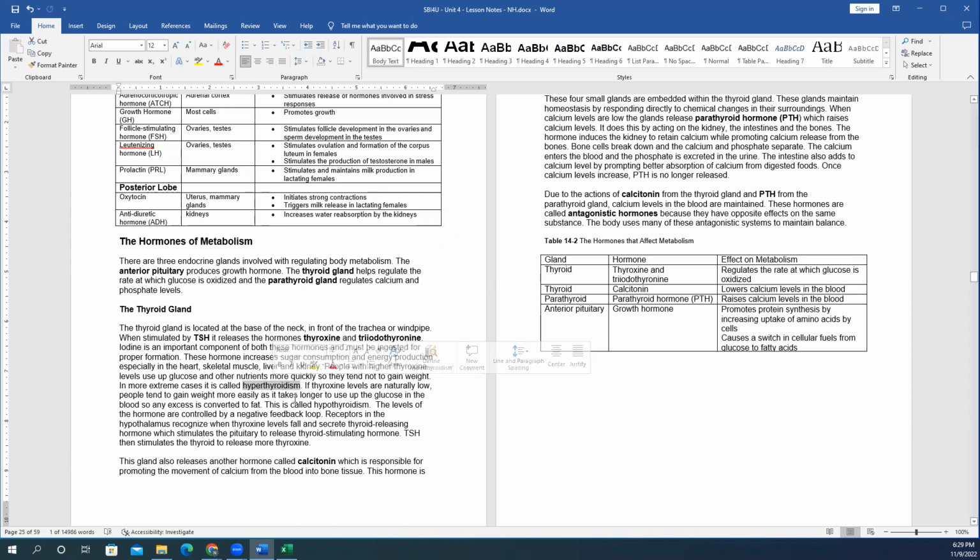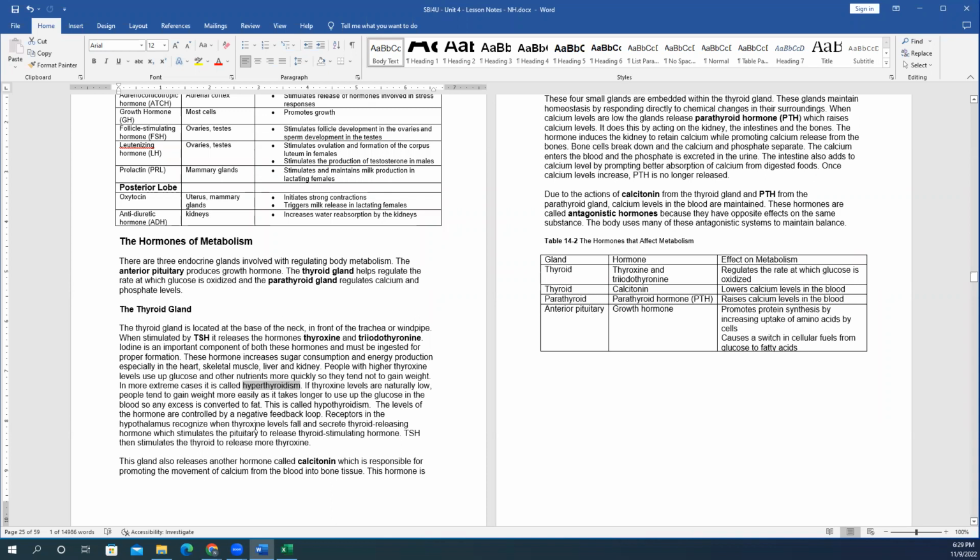That means your thyroid is working overtime, producing too much of this thyroxine. And if these thyroxine levels are too high, that's when your metabolism is often revved up, and your consumption of nutrients and glucose, and even your heart rate and your respiration, it's all elevated and increased.